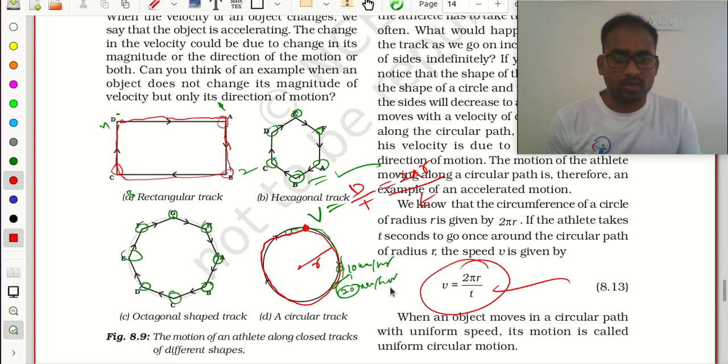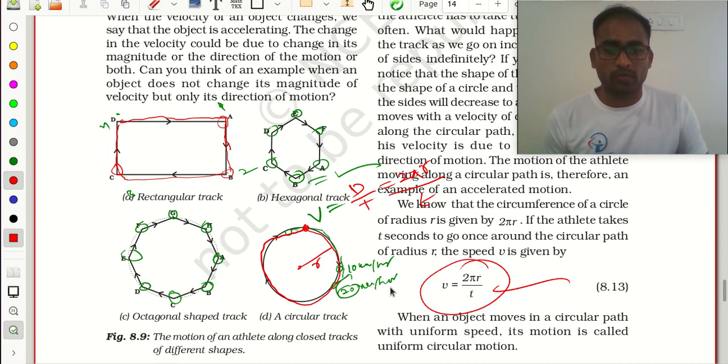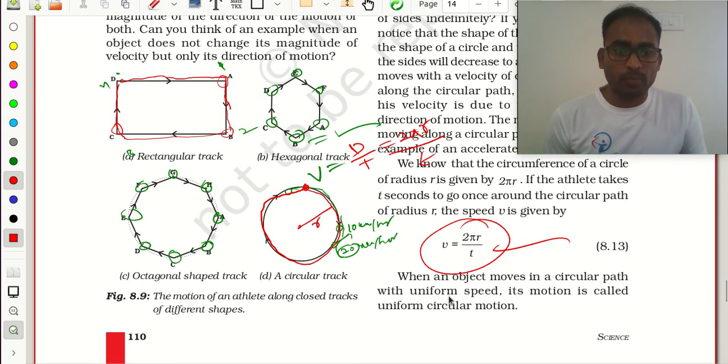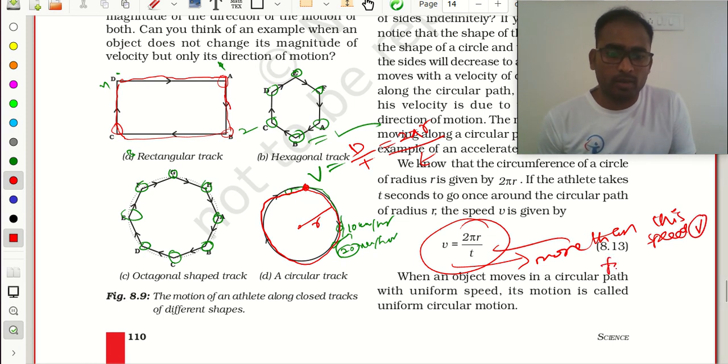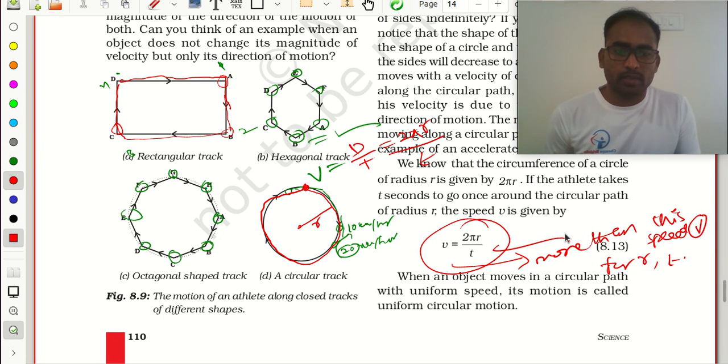Yes, sir. So now I will give you a homework example. If I move in this circular path at more than this speed v, for radius r and time t, I will calculate.